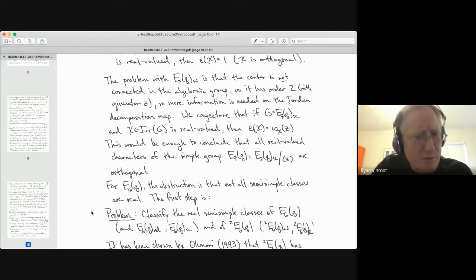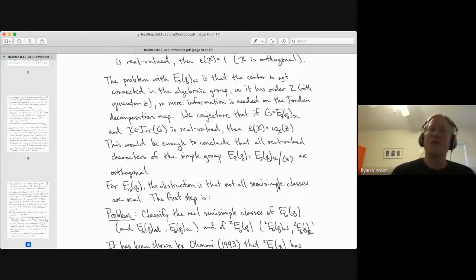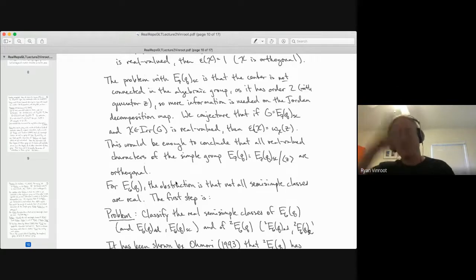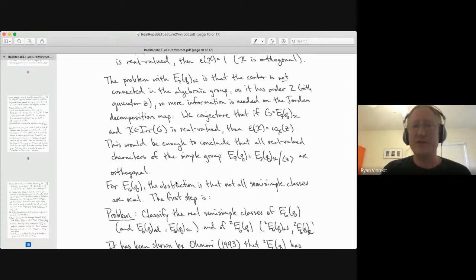Again, very doable. And if we knew what the real semisimple classes of E6 were, then we could conjecture that everything else outside of those Lusztig series might be not real valued. E6 has a lot of characters which are not real valued, unlike E7 and E8, and it's because of this fact: -1 is not in the Weyl group.